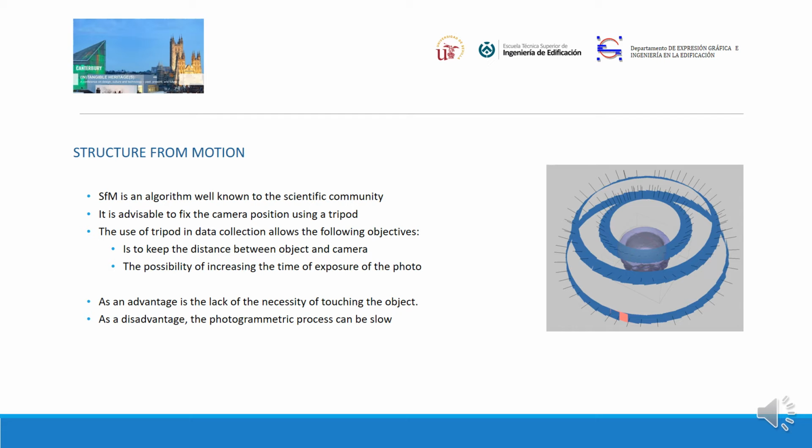In many cases, objects to be reconstructed by photogrammetry must be protected. As a disadvantage, the photogrammetry process can be slow, since the dimensions of the piece and the desired level of definition determine the greater or lesser number of photographs that must be taken systematically.